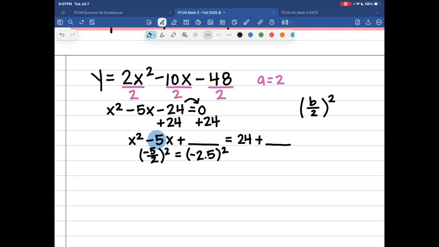So once I square that, I get a value of positive 25 over 4. That number, even though it's a fraction, is still going to go in the placeholder.